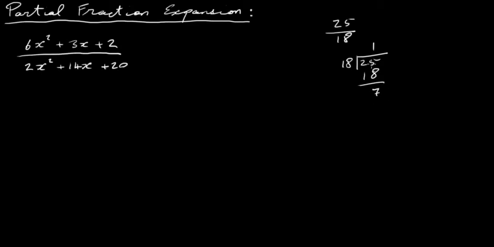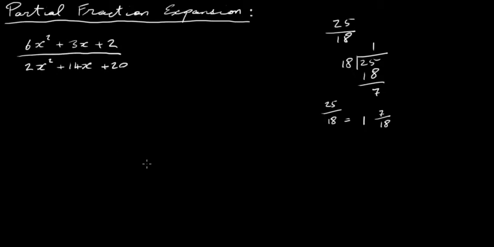It goes in once with 7 left over. So you'd write 25 over 18 as 1 and 7/18. That's what we're going to do with this here, except that the whole part we'll do nothing with. This is the part that we're going to expand with this fraction here.